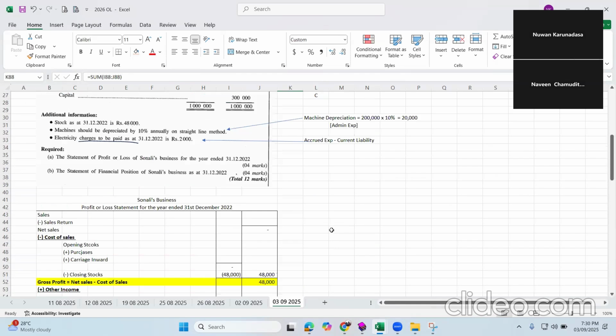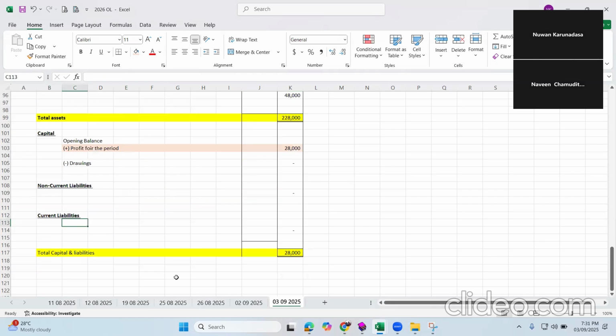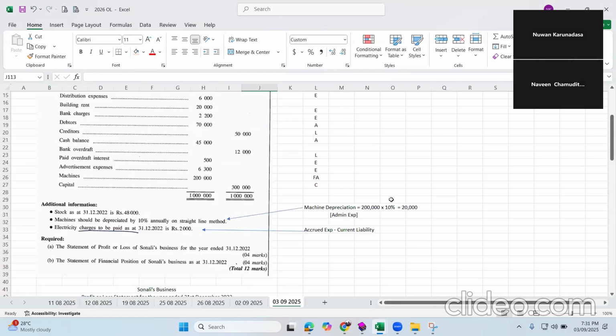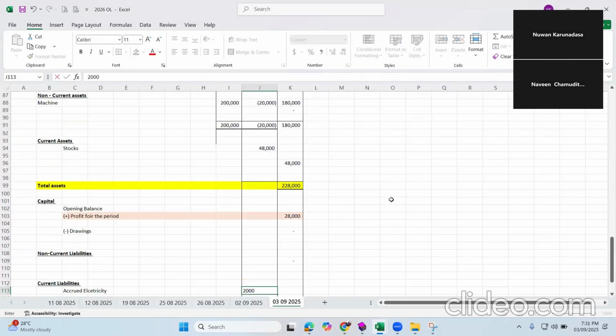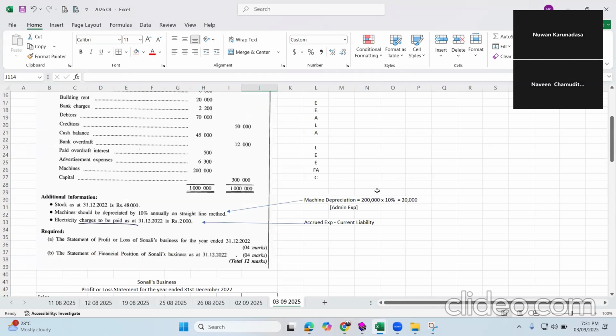Adjustment number 1 done, number 2 done, now number 3. Electricity charges to be paid as at 31st December 2022, 2,000. To be paid means current liability. Accrued electricity is 2,000. So how much have we paid?